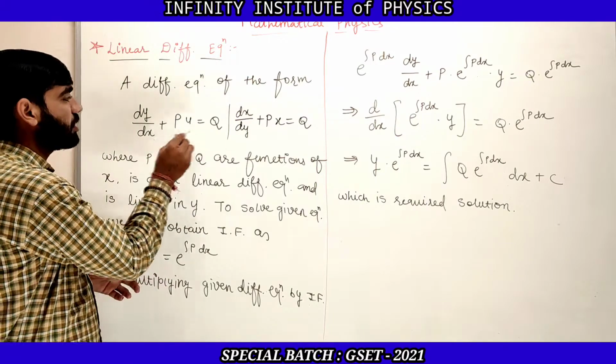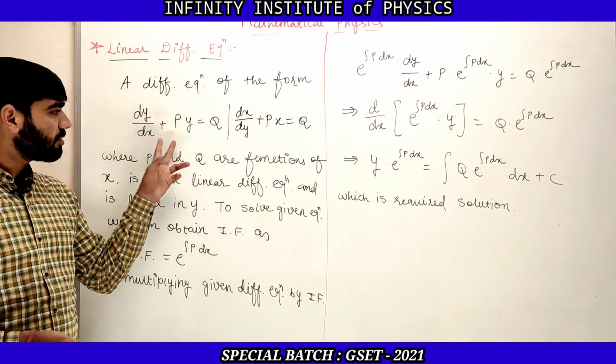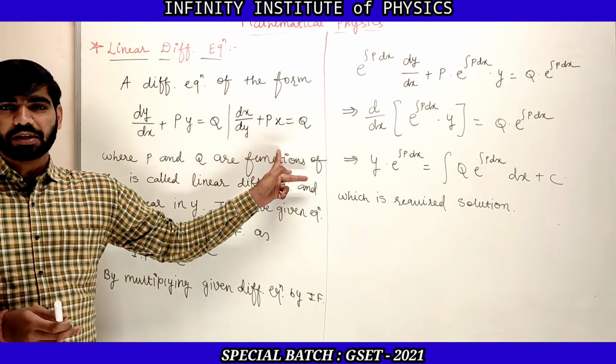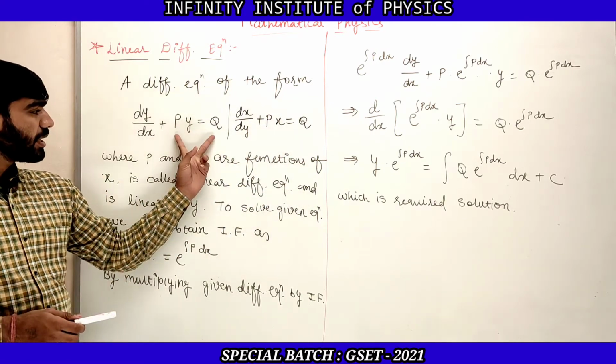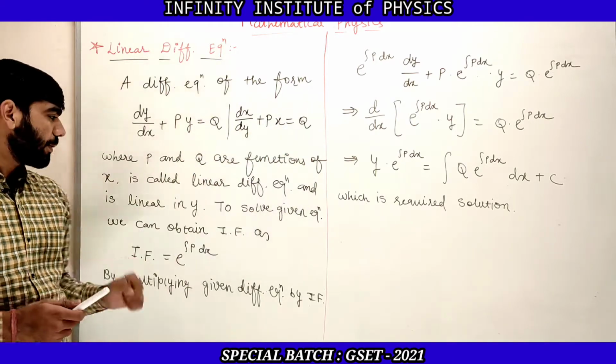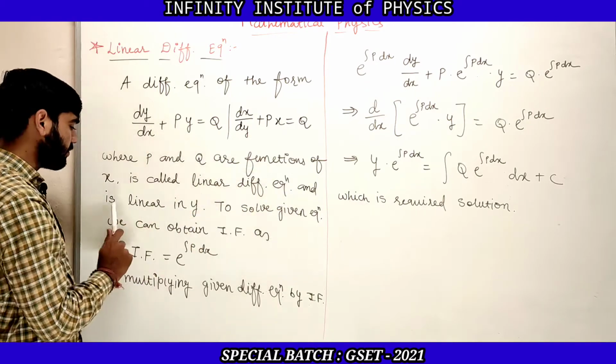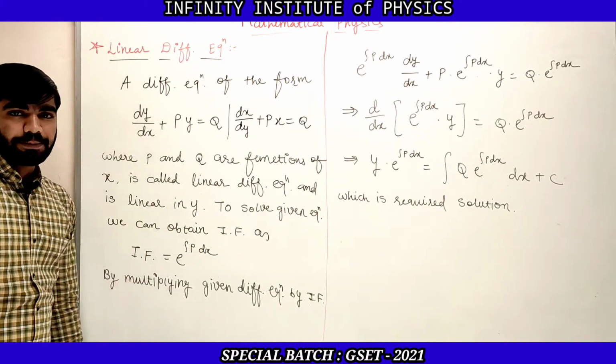So here we have two types of differential equation. This is linear in y, and this is linear in x. Here P and Q are functions of x, and here P and Q are functions of y.